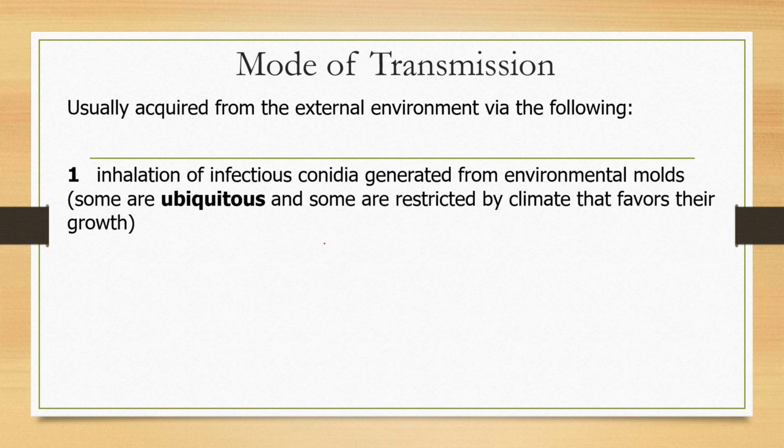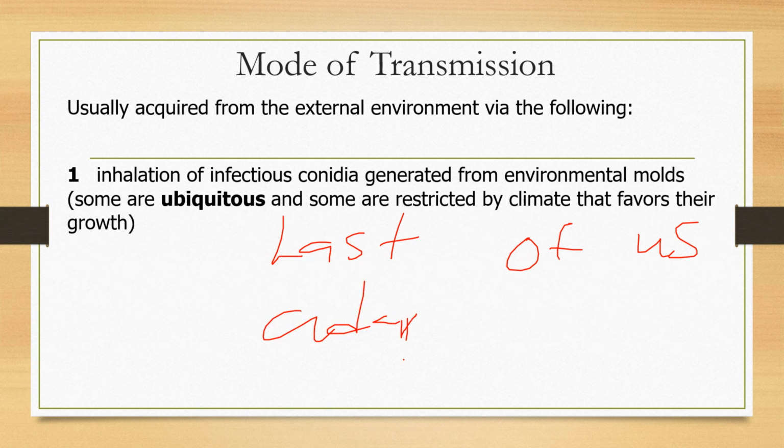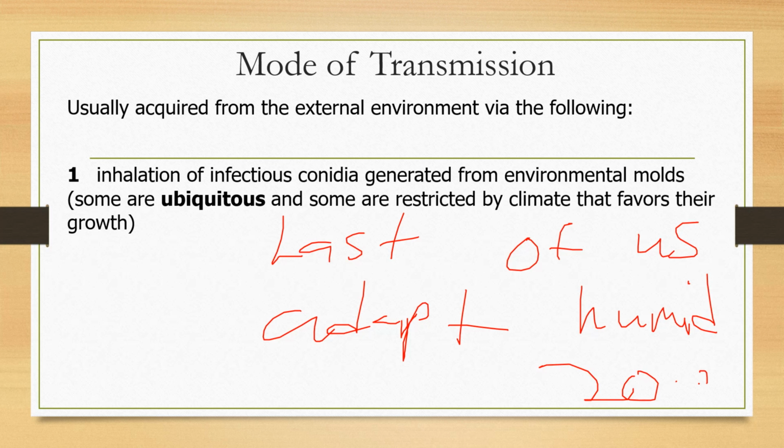That's why if you're familiar with the movie The Last of Us class, 'di ba yung fungi doon, the fungi was able to adapt from surviving in forests. So pag nasa forest yan, most likely humid yan. It would be around 20 to 30 degrees centigrade. So from there, it was able to adapt to the human's body temp, yung cordyceps fungi.